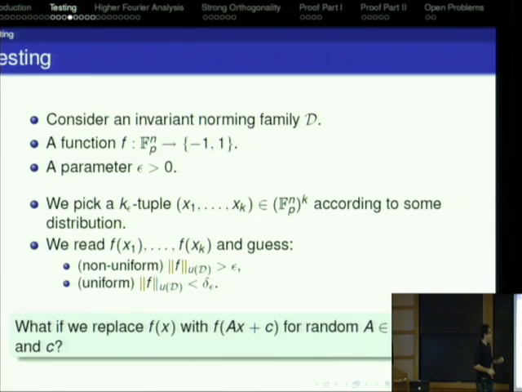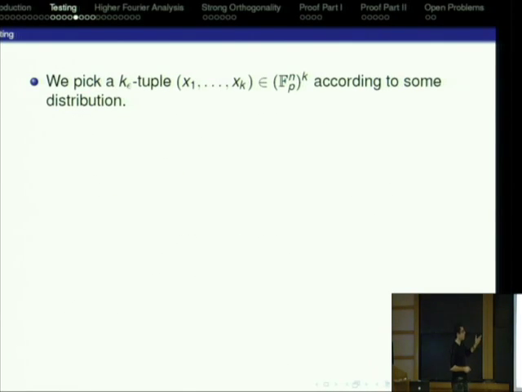So our family is invariant. What happens if we replace f with a random affine transformation of f? This won't change the value of the norm, so we should give the same answer. This tells us that we can do the following instead.